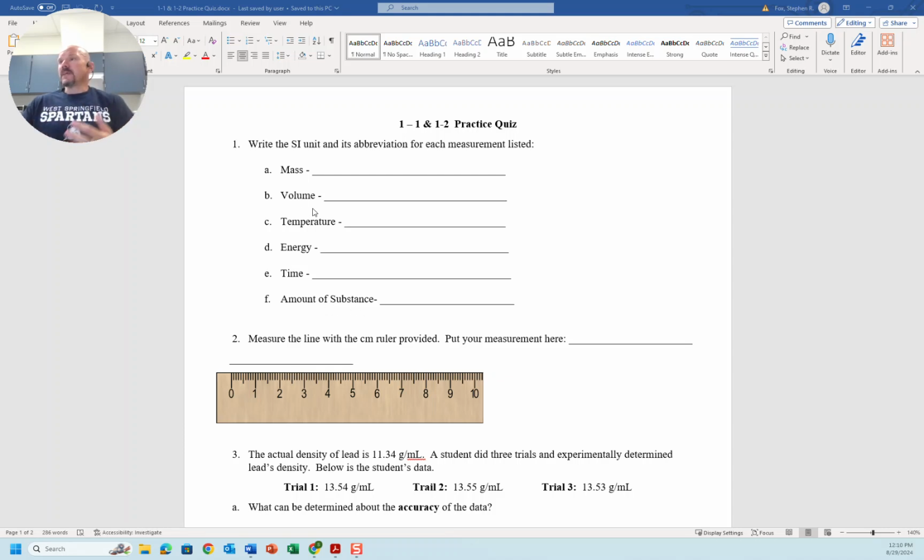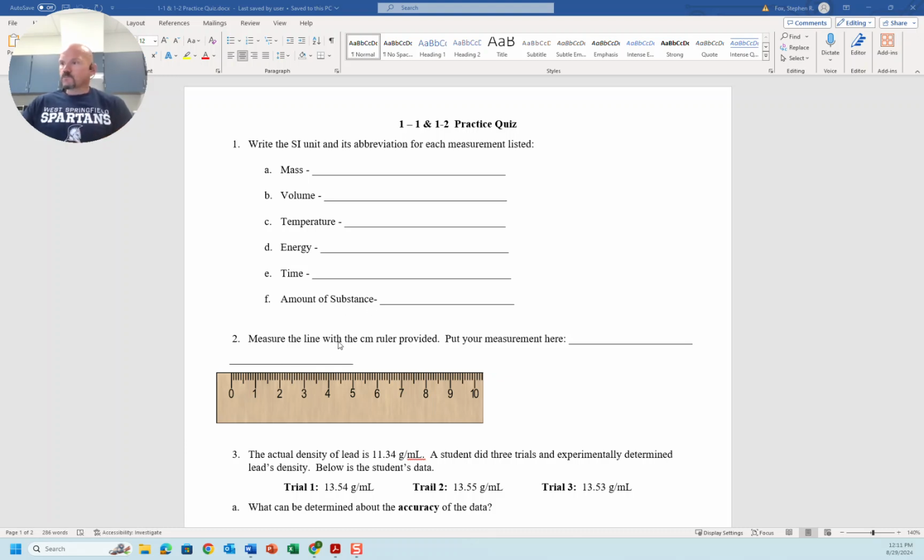It's not the same thing as mass. A lot of students, if I asked the same question but didn't put mass here, will put grams for amount of substance, or maybe even a volume measurement. So remember, moles is the SI unit for amount of substance.